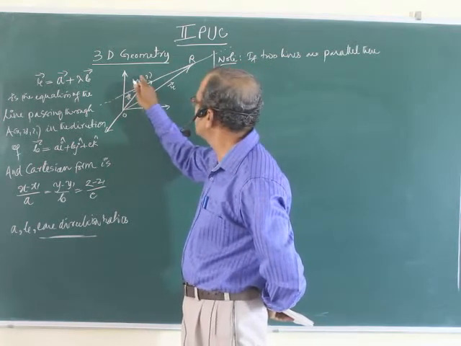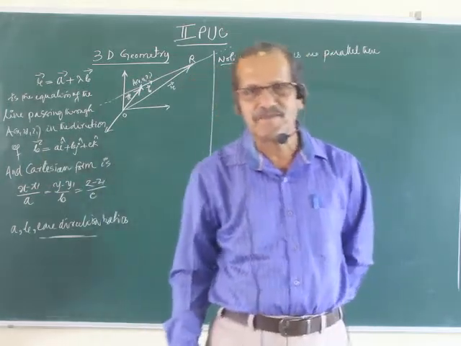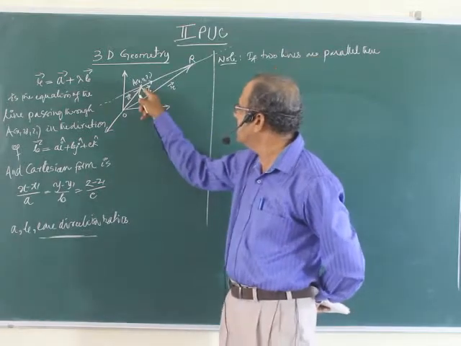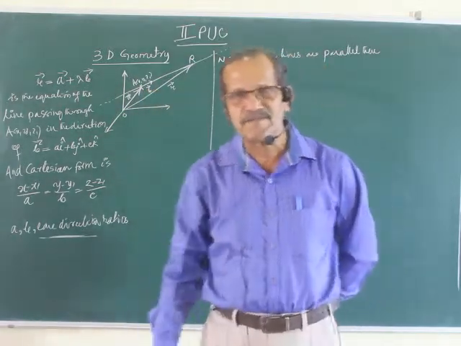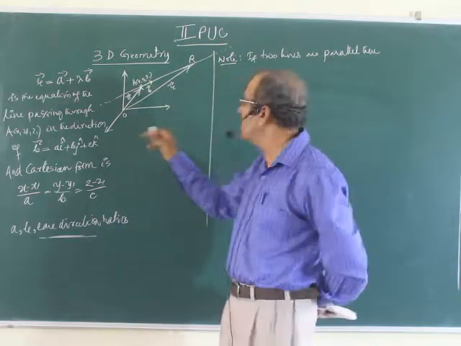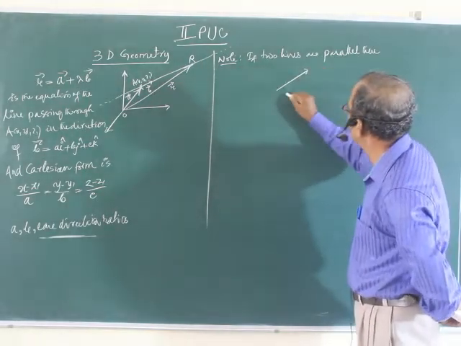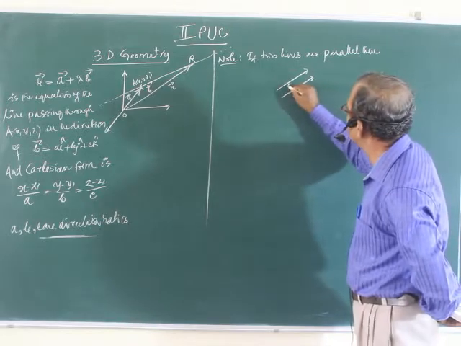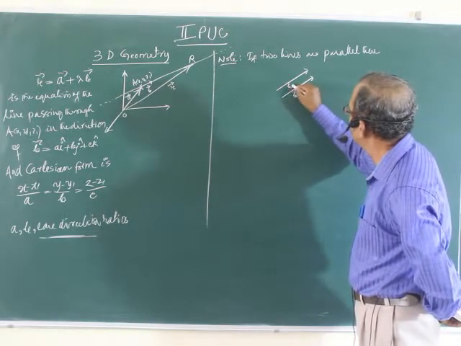Now B should be the same vector in the next straight line also. B, the vector deciding the direction of the line, should be parallel, that's all. If the vectors are parallel, then vector B and this is also vector B1.